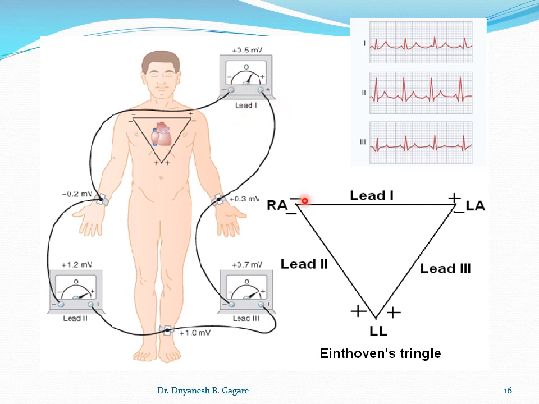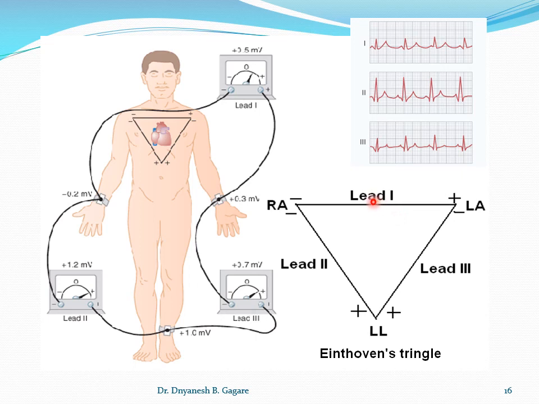You should be able to draw this equilateral triangle, in case there is a short note on Einthoven's triangle or Einthoven's leads. In this triangle, right arm, left arm and left leg are there. Then mark negative negative, positive negative and positive positive. If you draw this, you can easily explain the connections or combinations.